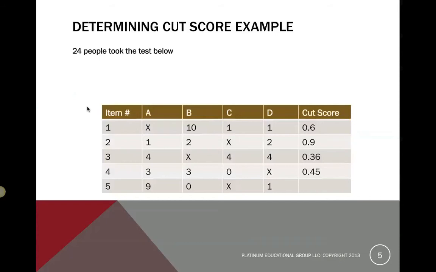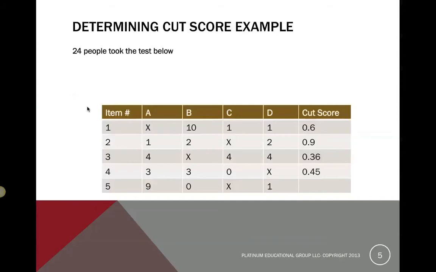So item number 1, A is the correct answer. 10 people, well over 10% of the population, which would be 2.4 or 3, selected item B. Only 1 selected D and only 1 selected C. So that would not be determined as a good wrong answer because not enough people picked it. You'd need 3 or more. So it has 1 good wrong answer. That good wrong answer is the letter B, so it would be cut at a 0.6.